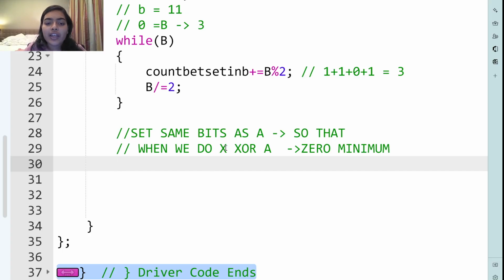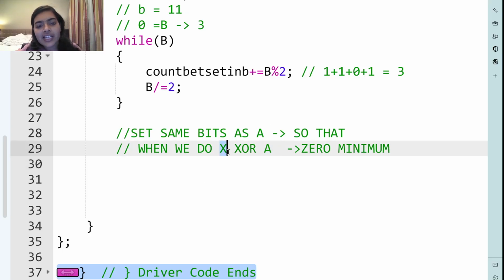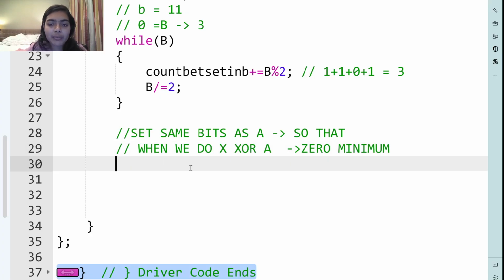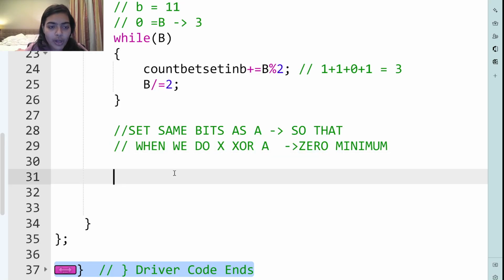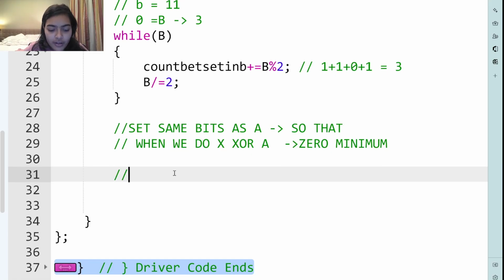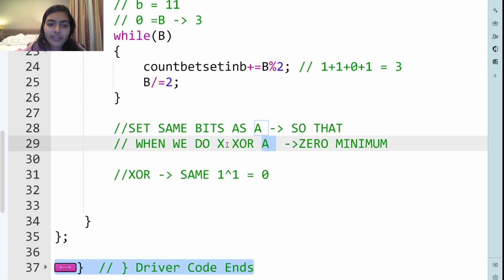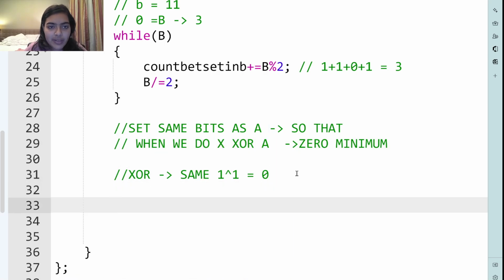Just see if the bit is set in a and set the same place bit in x, so that if you do XOR of x and a, you get 0. What is XOR? Whenever you have the same bit set, for example 1 XOR 1 will give you 0, which is what we want. So wherever the bit is set in a, we will also set that bit in x. This is our simple logic.